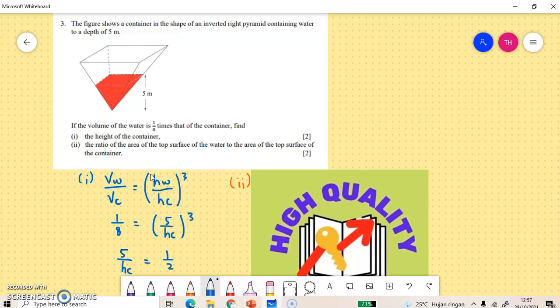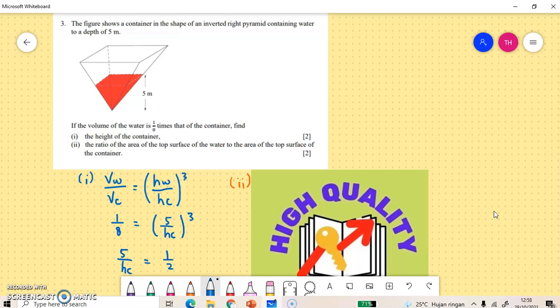Don't forget to cube. And then we input the number here, 1/8, because the water is 1/8 times of the container. And here the height of water is 5 meters.